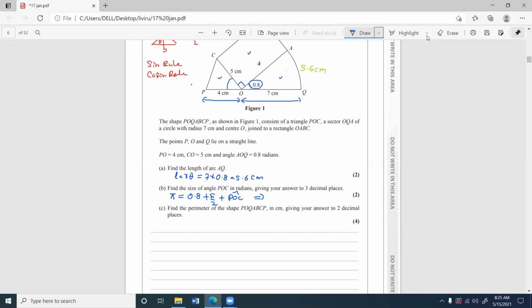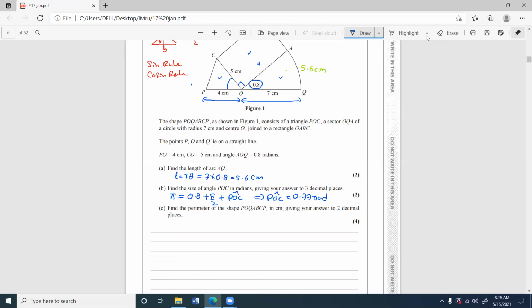From this you can write POC as pi minus these values, so that value becomes 0.77 radians.